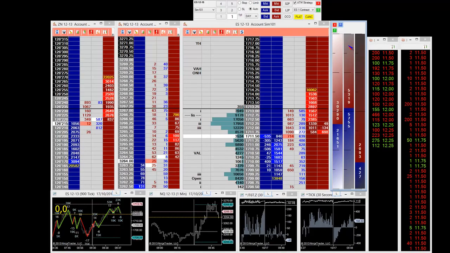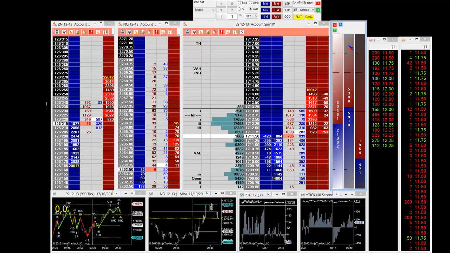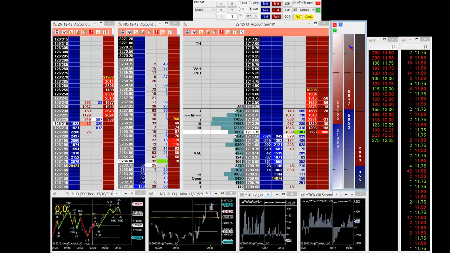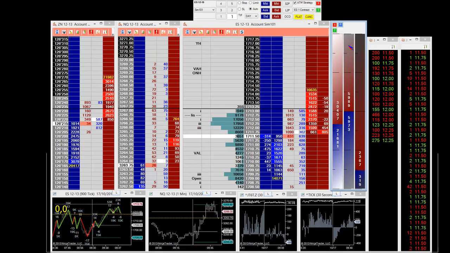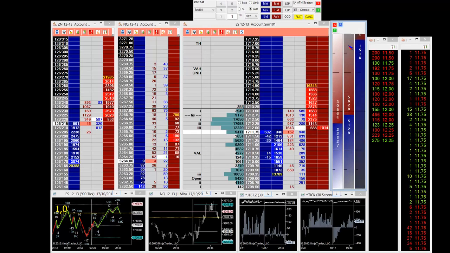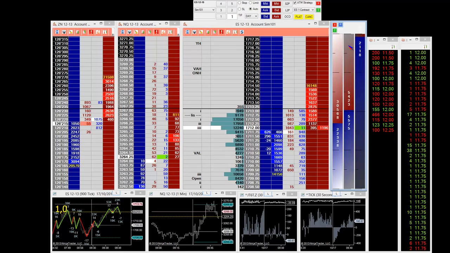So if my stop loss is at 1710 and I'm going to have to buy at 1710, and I see a large bid at 1710.25, I'm going to let that bid trade and see what happens at that bid. If they trade into it and that bid shrinks, then that's fine. If that bid doesn't shrink and it stays firm, there's no real reason for me to exit.